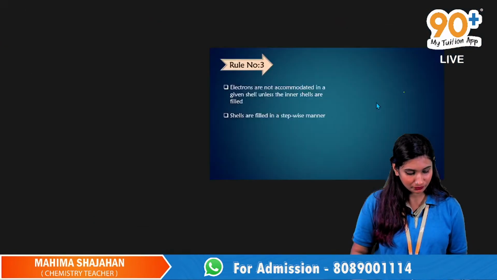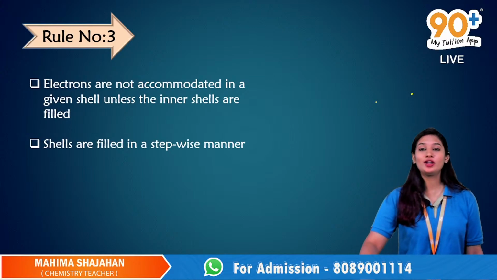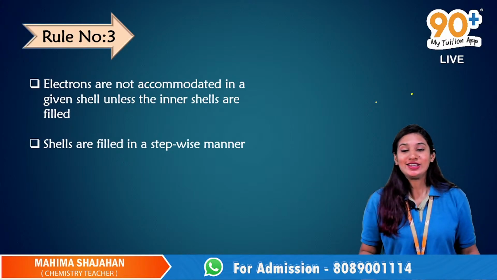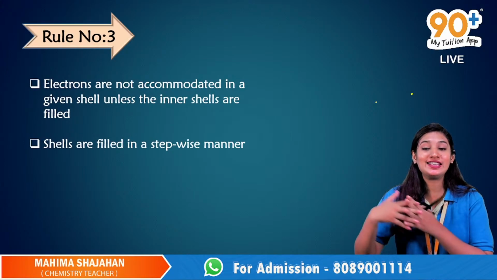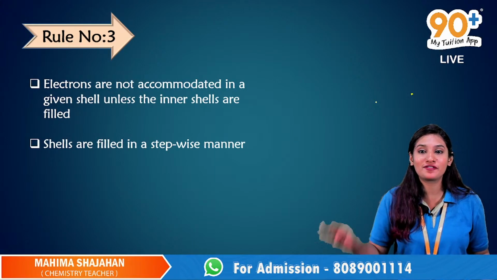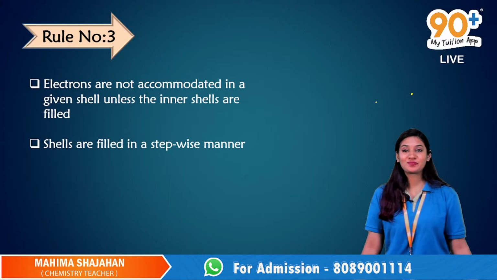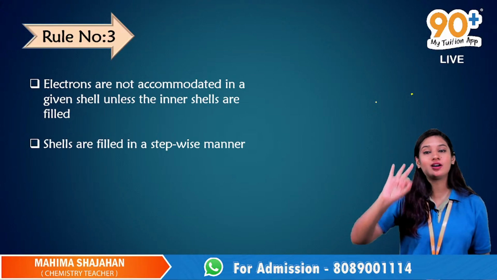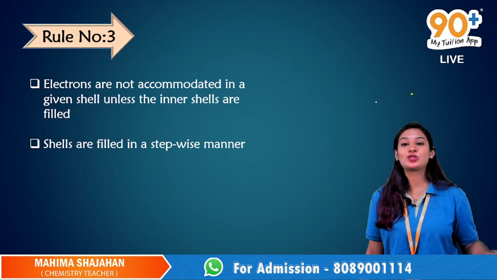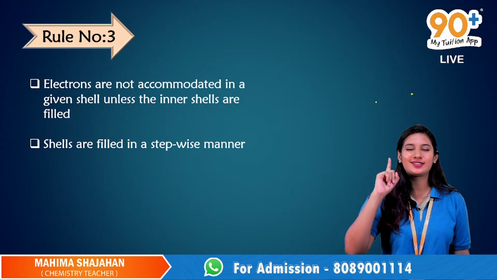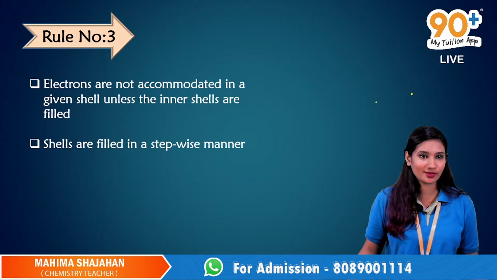Now, since we have studied all three rules, shall we learn how to write the electronic configuration of some atoms? Before that, when we studied our third chapter, I asked you to study the first 20 elements. Do you remember?